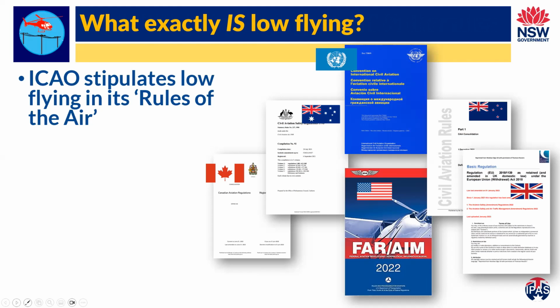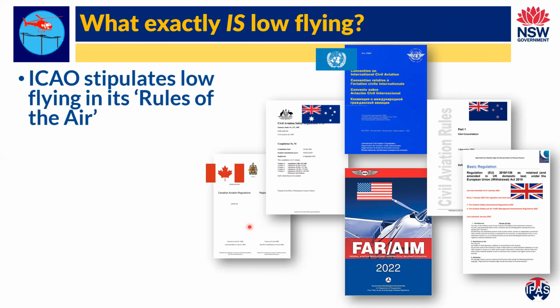So on the screen, we have copies of the different regulations. So here we have the United Nations Convention on Civil Aviation, ICAO rules. In Australia, we have Civil Aviation Safety Regulations, CASRs. Civil Aviation Rules in New Zealand. In the UK, we have the basic regulations, and in Canada, we have the Canadian Aviation Regulations.